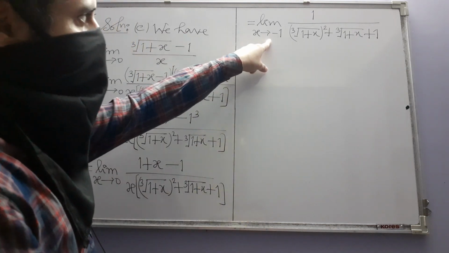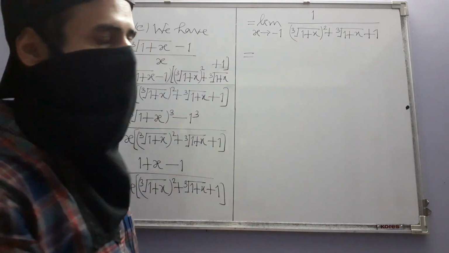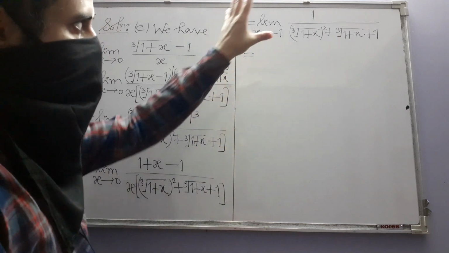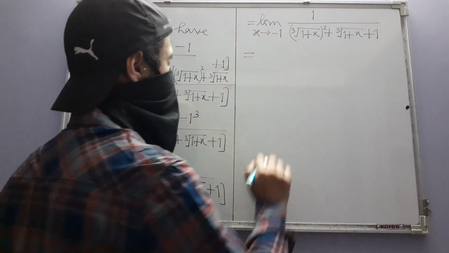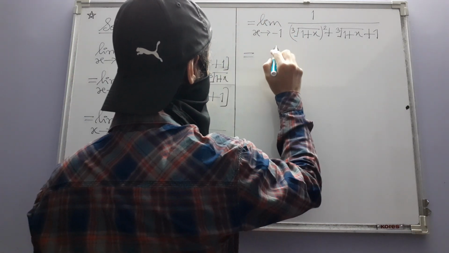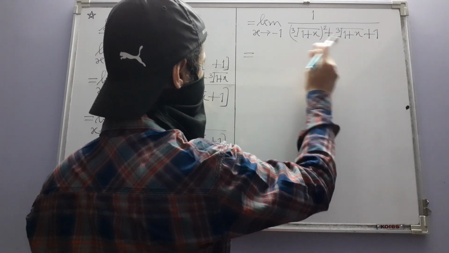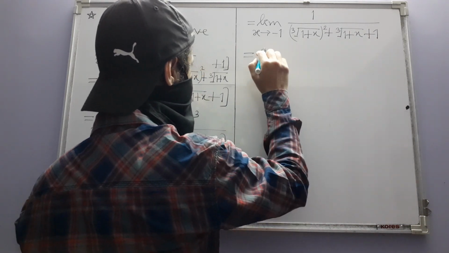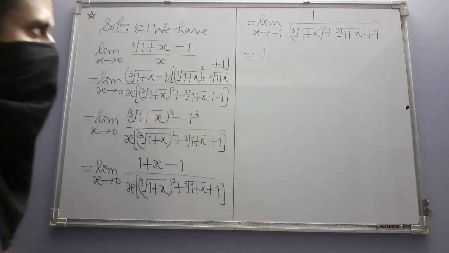Now as x approaches minus 1, 1 plus x approaches 0. So this entire expression approaches what? It approaches 1 because the denominator approaches 1. So this becomes 1.